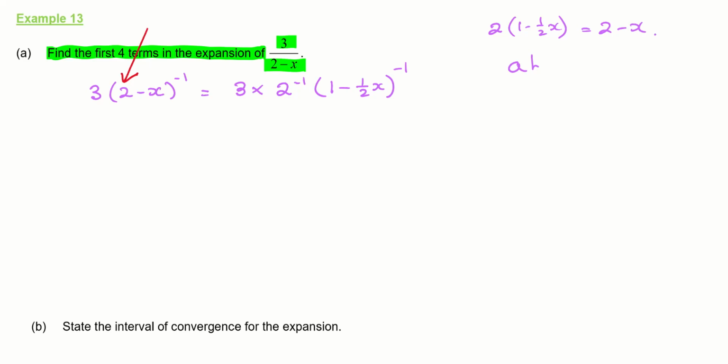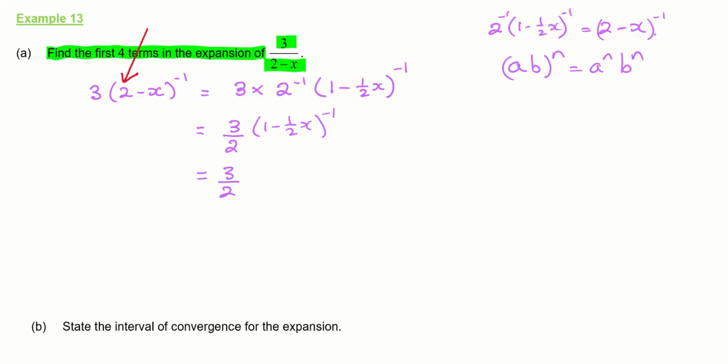Just by the law ab to the n is a to the n, b to the n, we can write 2 minus x to the negative 1 as 2 to the negative 1, 1 minus a half x to the negative 1. And so that's what we've done there. And 2 to the negative 1, remember, is a half. So this becomes 3 over 2, 1 take away half x to the negative 1.